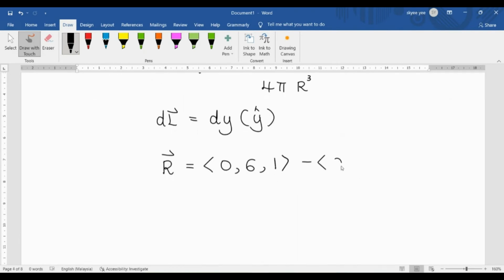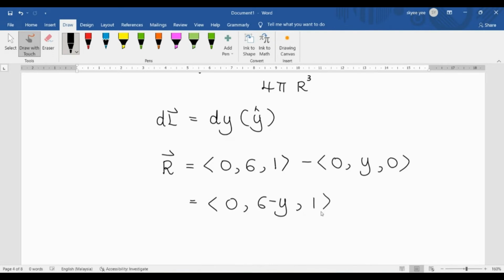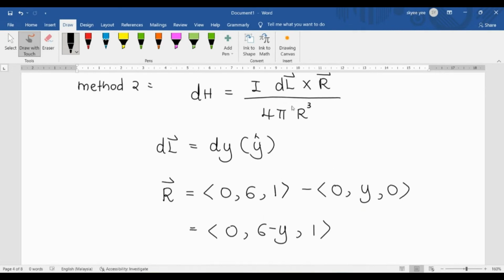You just put variable y over here, because it is along the axis y. So you don't need to find out the value. So it will be 0, 6 minus y, 1. This is for the r over here.